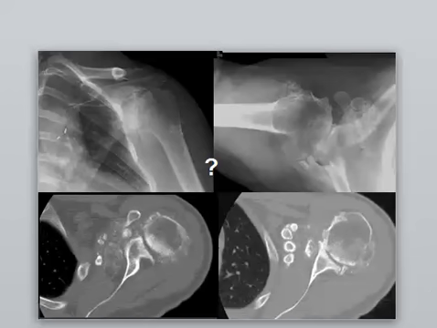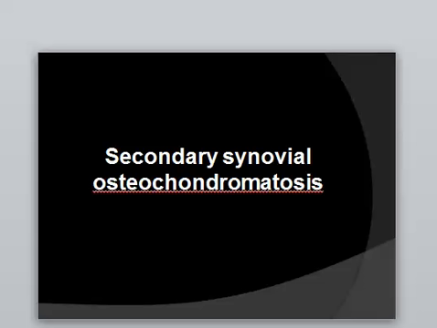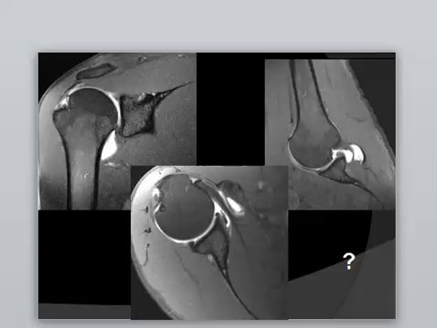This is called osteochondromatosis, but because it is not primary osteochondromatosis, it is due to osteoarthritis, we call it secondary synovial osteochondromatosis. Multiple loose bodies around an osteoarthritic shoulder.